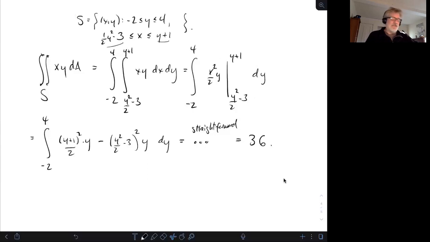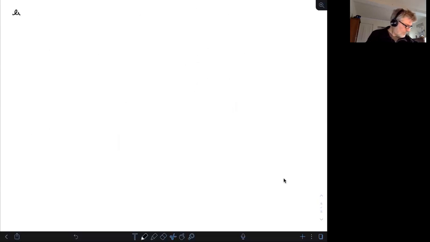All right, next. So 2 more examples. The next one is slightly more involved. We're asked to find the volume of a tetrahedron which is bounded by the following planes.